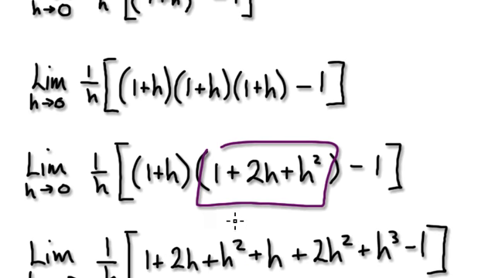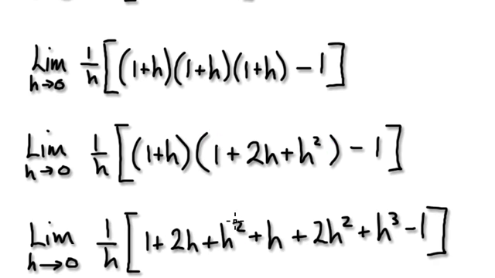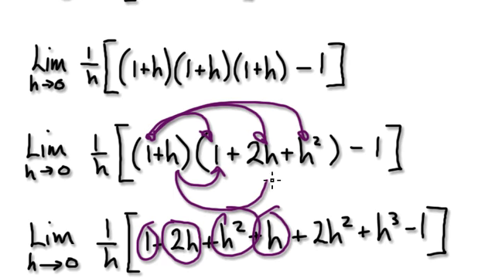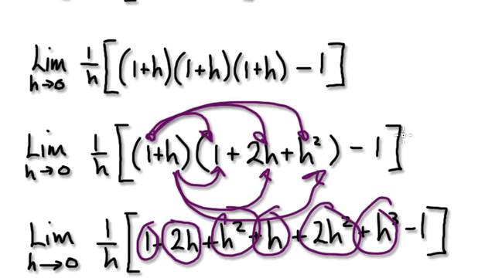Then the next step is to do this. This times this will give you this, and likewise for each of the remaining products. And this minus 1 is right here.